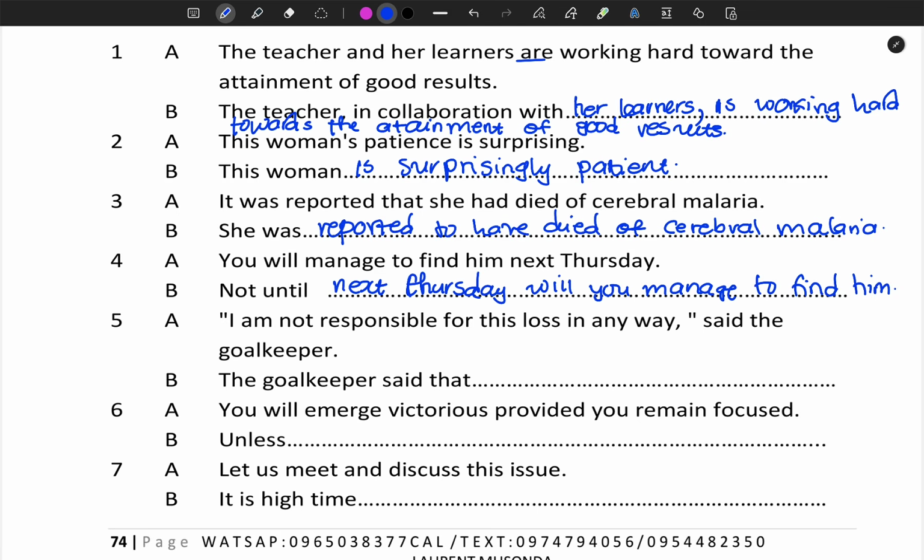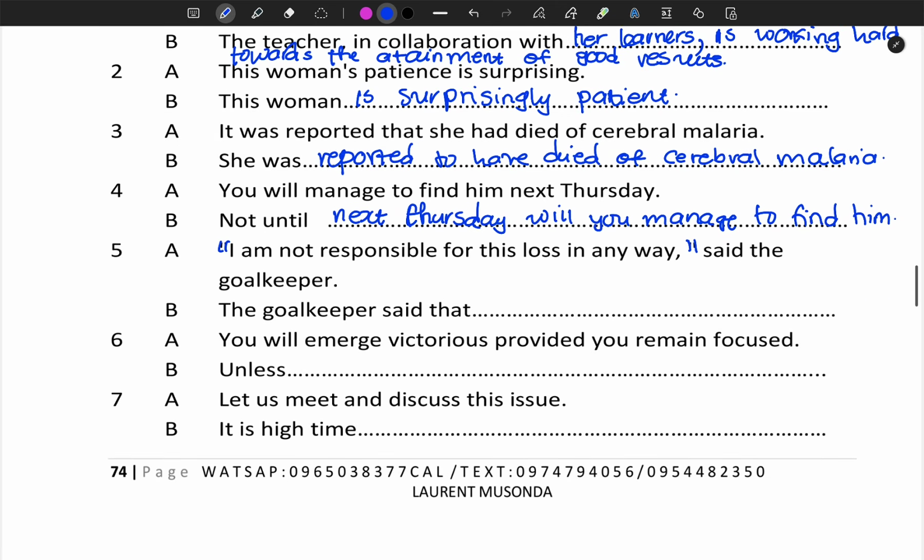So question 5 is given in direct speech. And how do you know that this is direct speech? When some words are put in inverted commas. So we have got double inverted commas. I am not responsible for this loss in any way, said the goalkeeper. So here we need to make some changes.